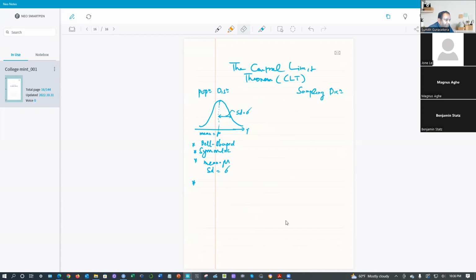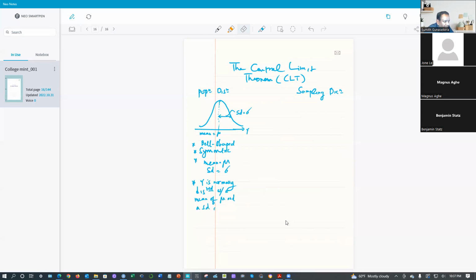Bell-shaped population distribution. See, symmetric. We can say y is normally distributed with a mean of mu and standard deviation of sigma.